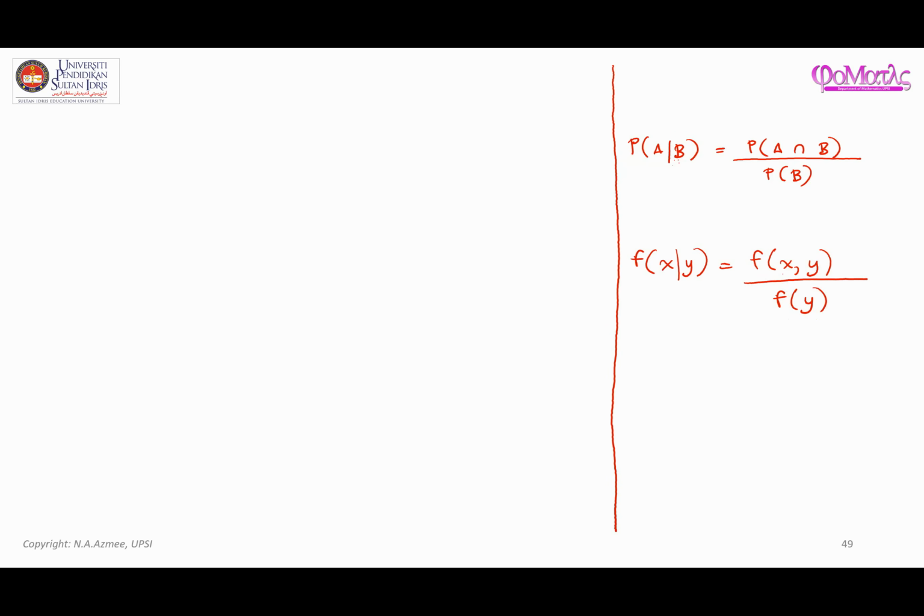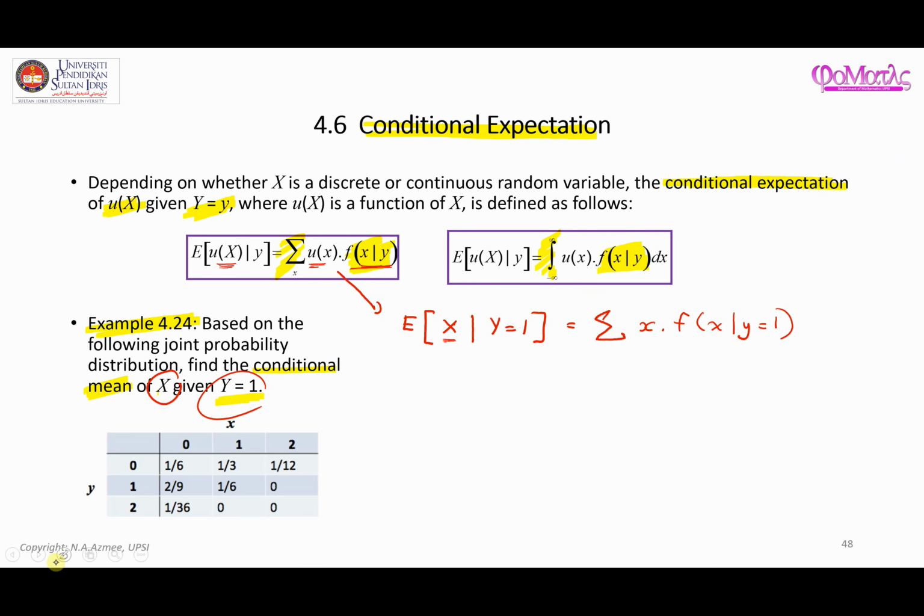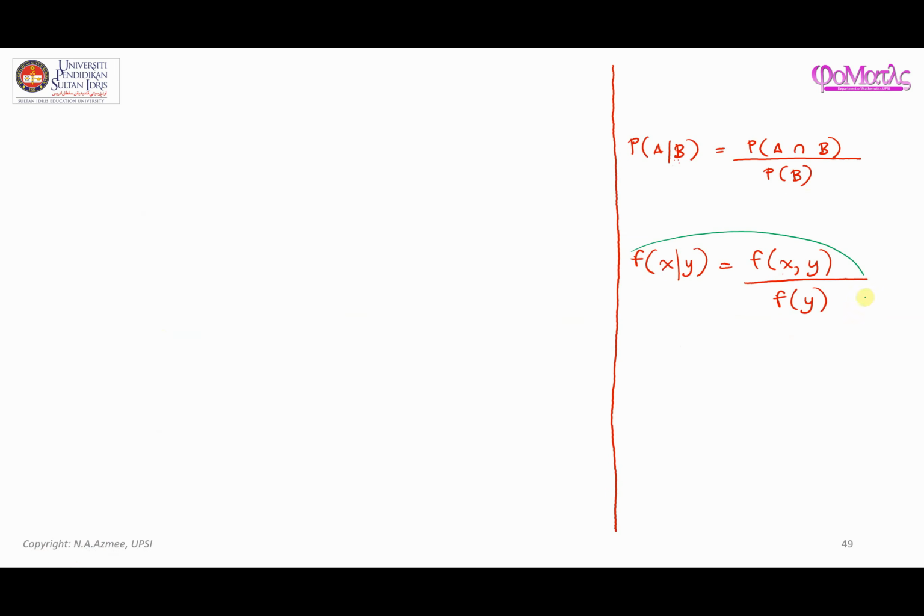So this is what we need to do now, because we need to find this conditional distribution of x given y when y is equal to 1. We need to be able to find this using the formula given here.